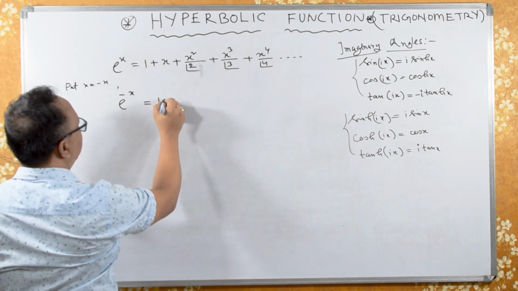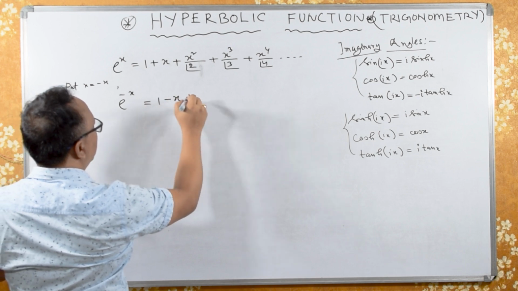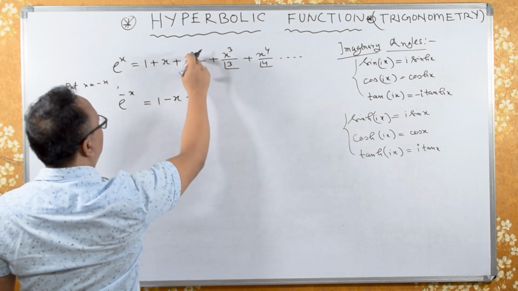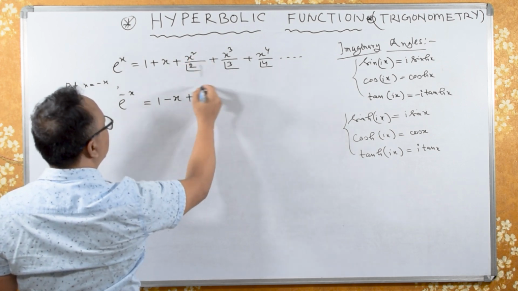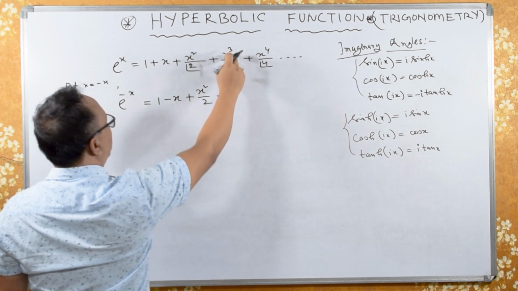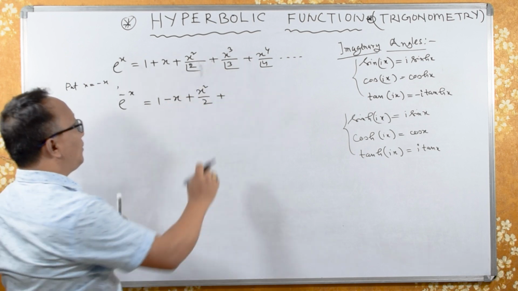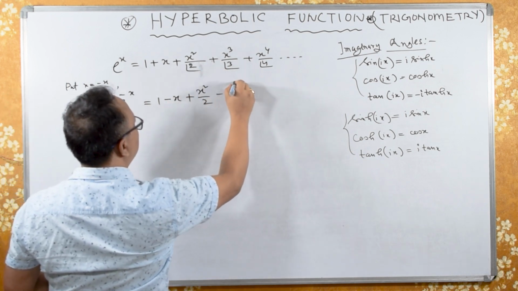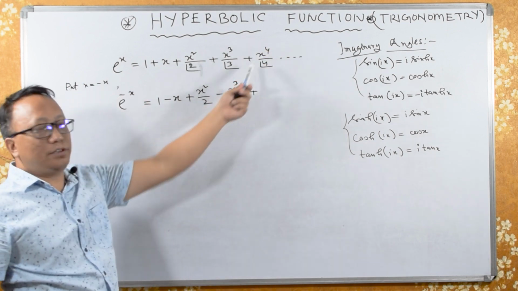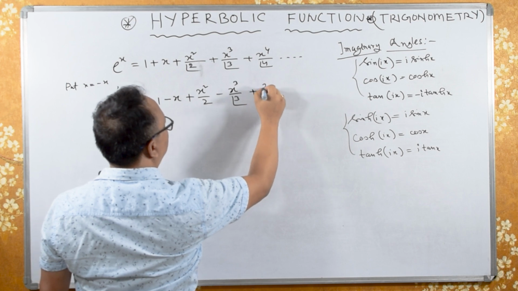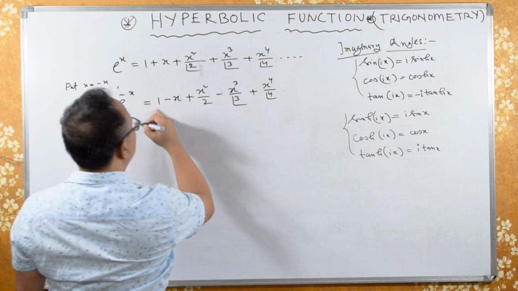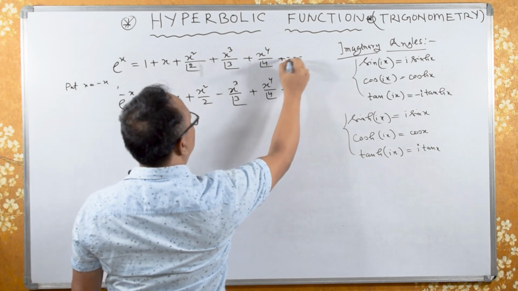Instead of x we have minus x, plus minus x the whole square, which is x square by 2 factorial. But for the odd power, the minus stays: minus x cube by 3 factorial, and for the even power, the minus has no effect: x4 by 4 factorial. So the signs alternate: plus, minus, plus, minus, and so on.